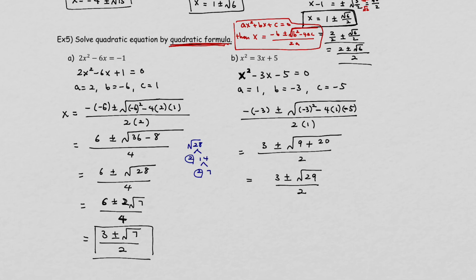And square root of 29, you cannot simplify any further. There is no two of the same number. This must be your solution for that problem using the quadratic formula. But if you end up using the completing the square method, you will get the same solution for the same problem.